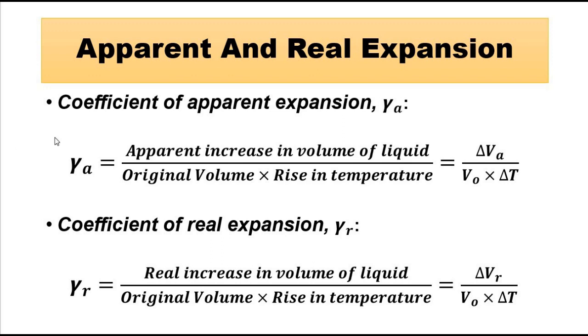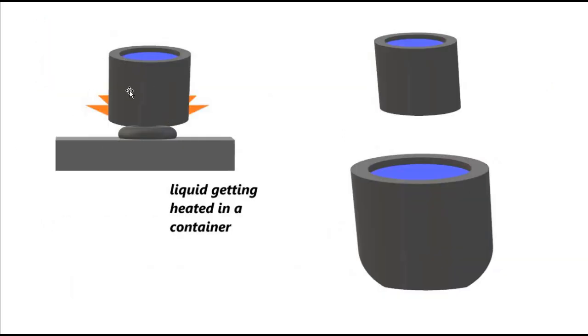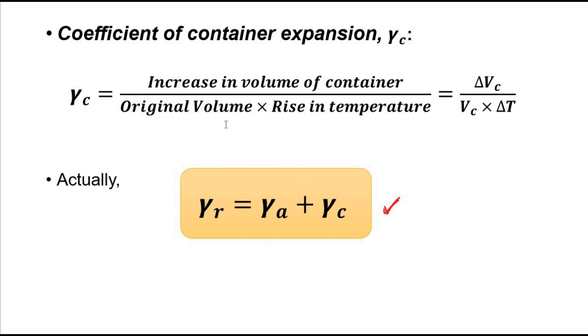But here, since both of them are undergoing expansion, the liquid is also increasing in volume, and the container along with it is also increasing in volume. So in order to find out the real increase in volume of the liquid, we have to take into consideration the container's volumetric expansion coefficient. So this is the formula.